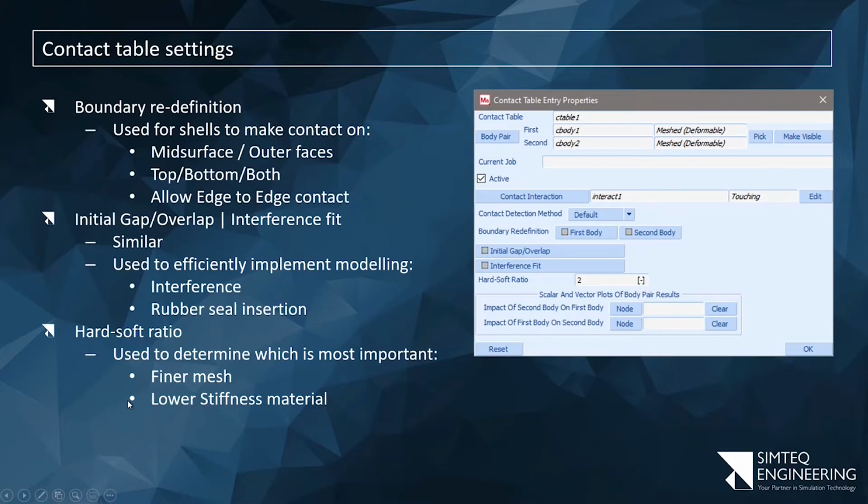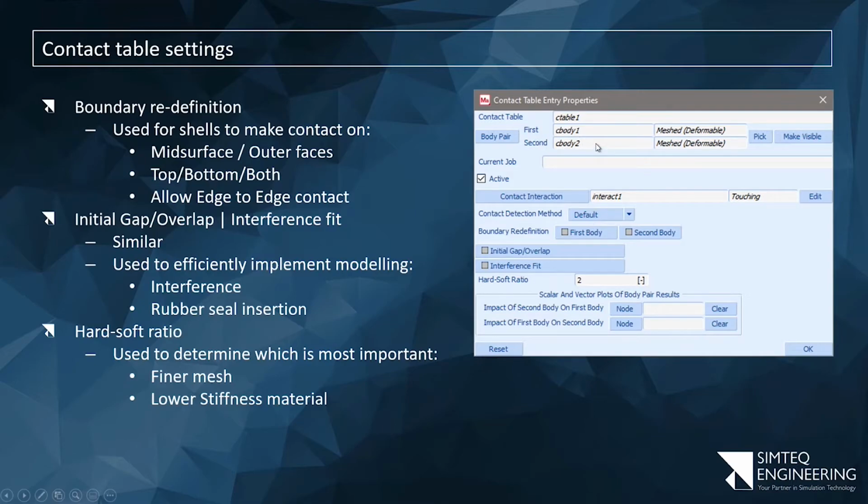So, okay, then in terms of the contact table, there's a couple of additional settings. If I look at these two, the boundary redefinition, I can change, and this has to do almost without exception with shells, whether it's first or second body, I don't really care. The first and the second simply again refers to these first and second.